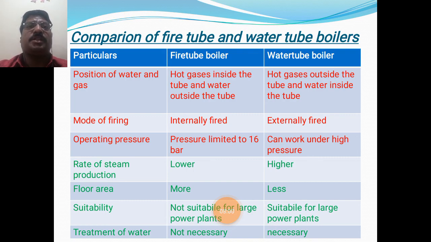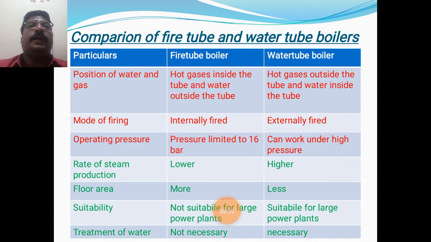The steam production rate of a fire tube boiler is less compared to a water tube boiler. Floor area: fire tube boilers occupy more space and water tube boilers occupy less space. So fire tube boilers are not suitable for large steam power plants, whereas water tube boilers are suitable for all types of power plants.